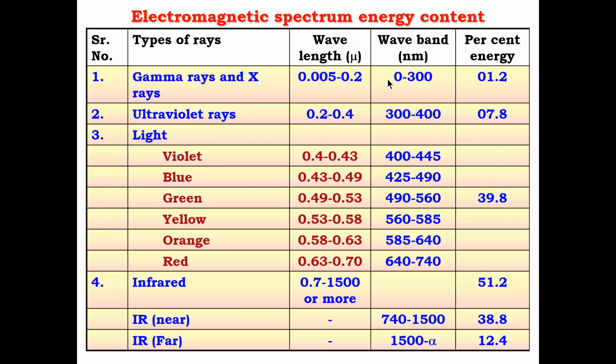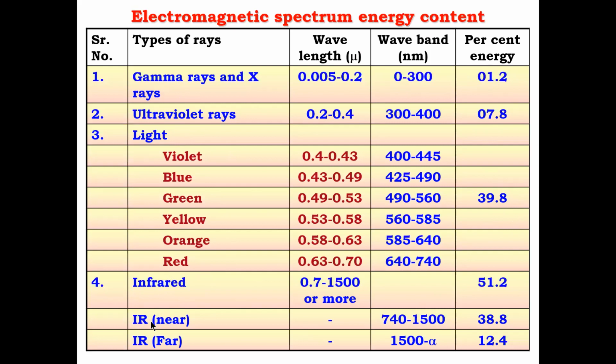Of the energy received at the Earth surface through solar radiation, gamma rays and X-rays contribute 1.2%. Then ultraviolet radiation is 7.8%. Then light, photosynthetically active radiation, is 39.8%, and infrared is 51.2%.